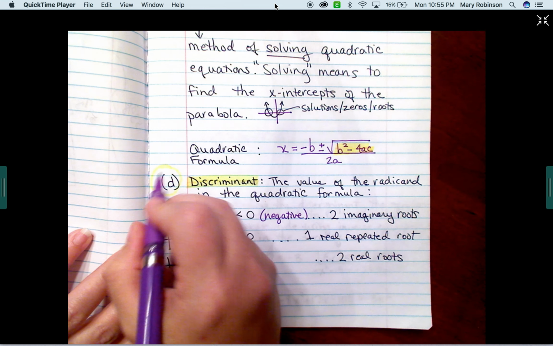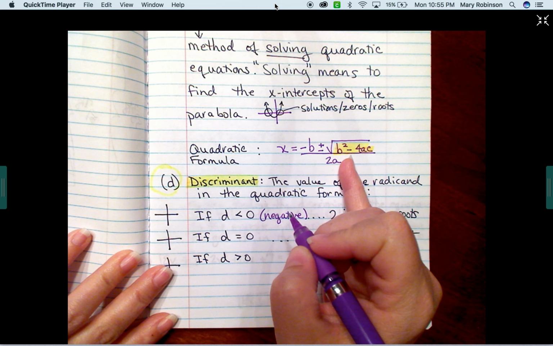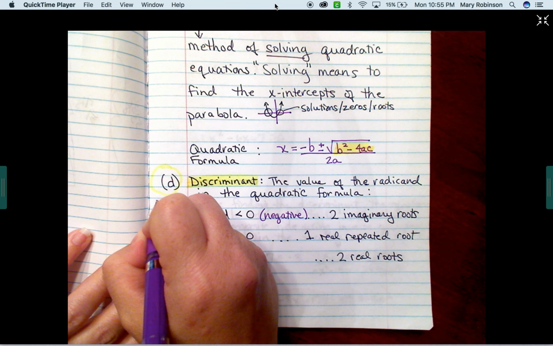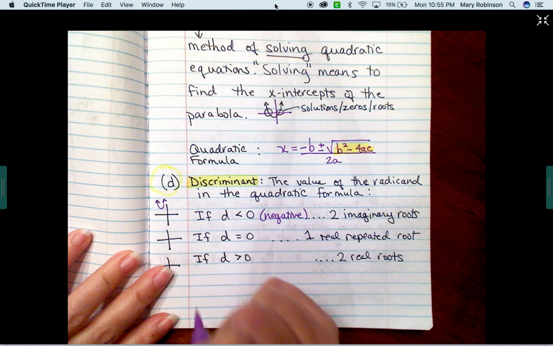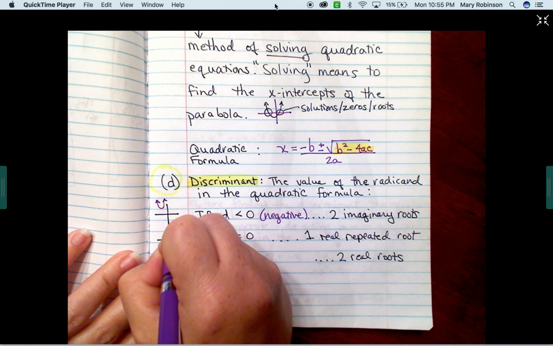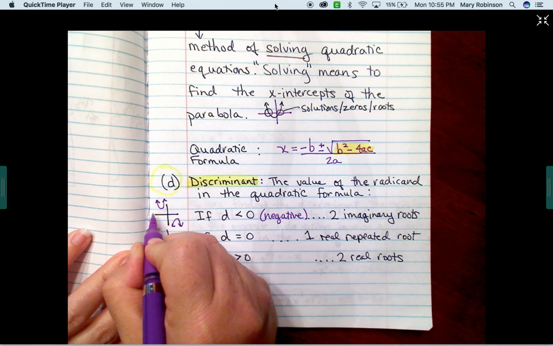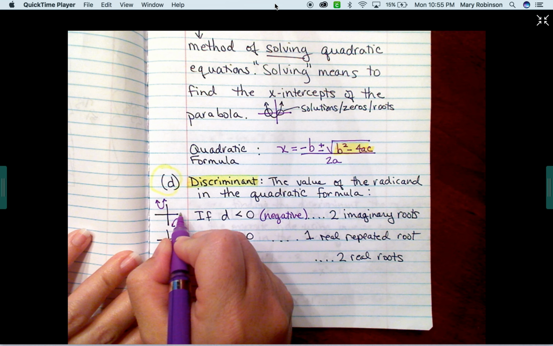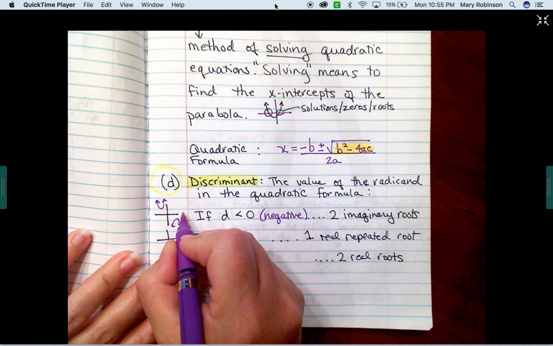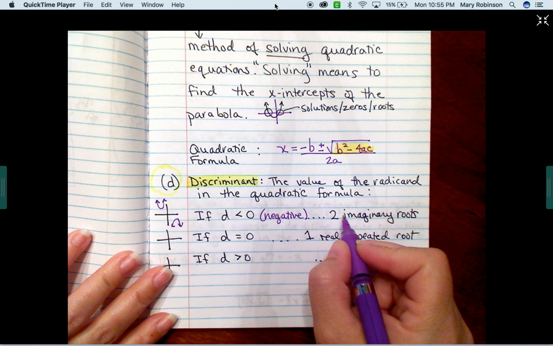So what happens there is if this b squared minus 4ac, when we calculate it, ends up being a negative number, it means that our parabola will not hit the x-axis at all when we graph that quadratic function. So it might open up or it might open down, but it will not hit the x-axis. Therefore, they will not have real solutions. And remember, opposite of real is imaginary.